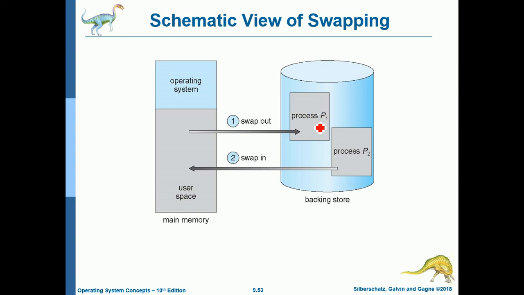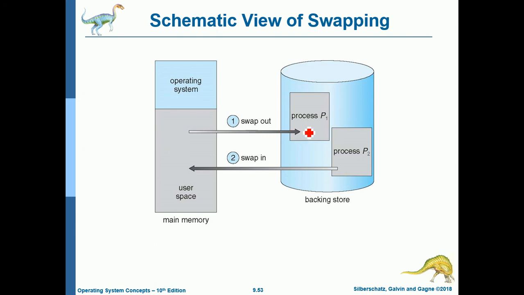Process P sub 1, the internet browser, will be swapped out if the main memory space is not enough for both of them. But if it's enough, there's no swapping that will happen, as indicated in the previous slide, that this is normally disabled. It will only be enabled if the space can no longer accommodate the process.